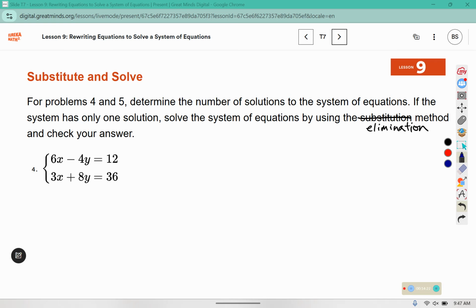I notice that 4 and 8 can be turned into opposites. If I multiply this top equation by 2, that gives me 12x and -8y, and 12 times 2 is 24. Then the bottom equation can remain the same.